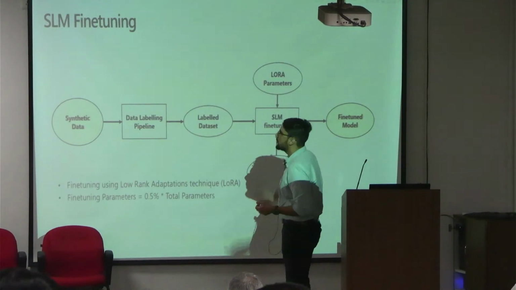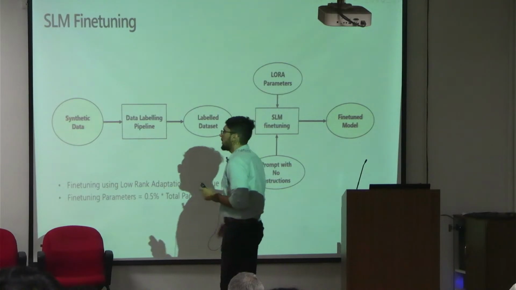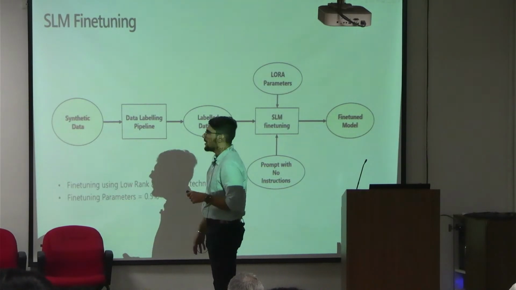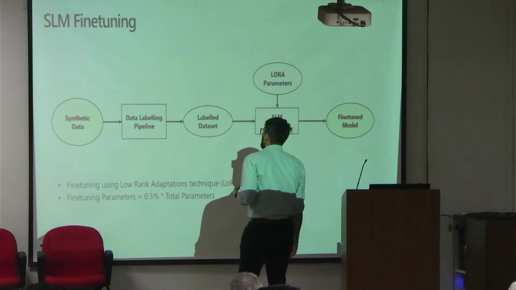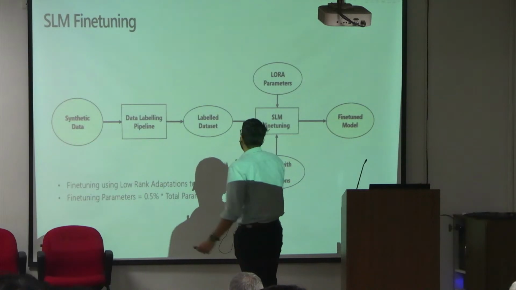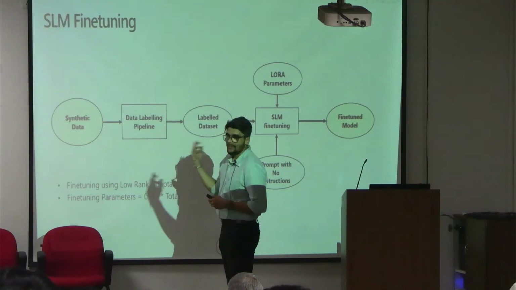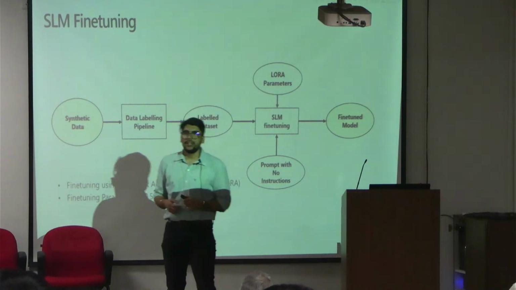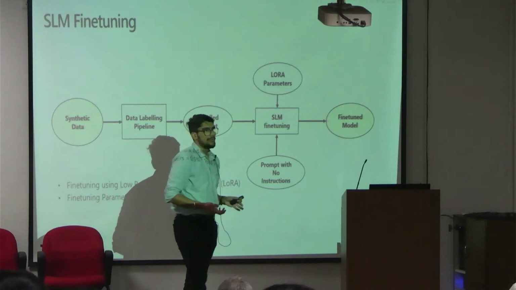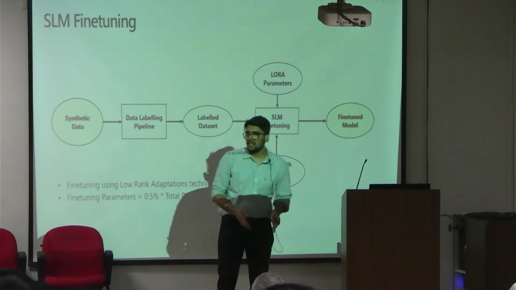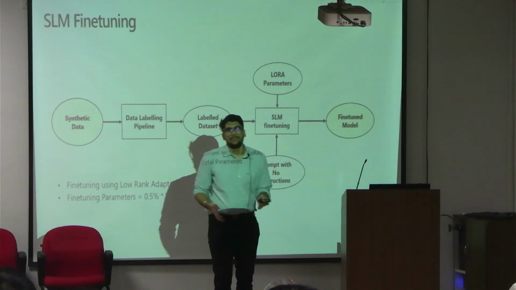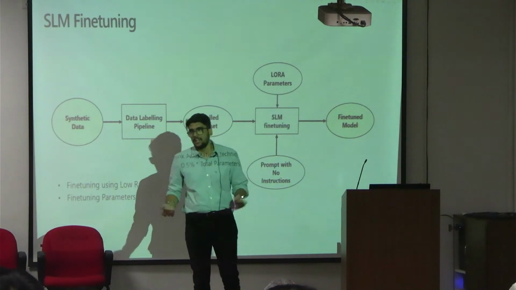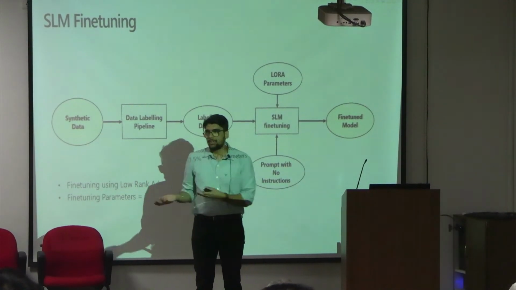So this is how the fine tuning framework looks. We had that synthetic data, we sent it to that labeling pipeline, and we have the label data set from it, and then we run the fine tuning algorithm. The important thing with fine tuning is that you don't need a detailed prompt, because you have the input data and you have the output label. Now it's more like a traditional ML problem where you have the input and output defined.